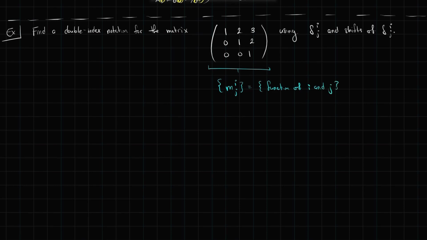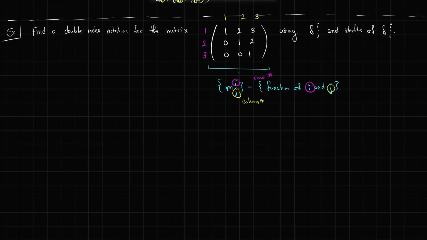Now I want to note, because I didn't do a very good job of this in the last video, every time we see these i's here, we should think about these as the row number. And every time we see the j here, we should think about this as the column number. So column number would be like 1, 2, and 3, and the row number would be like 1, 2, and 3.